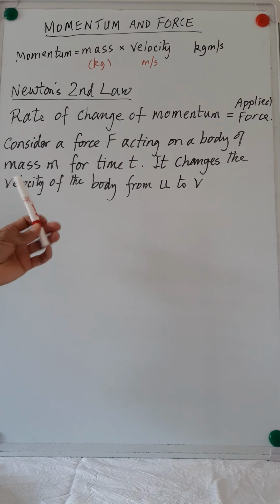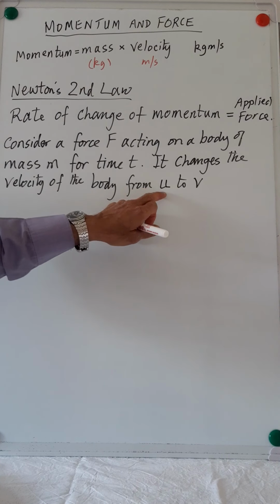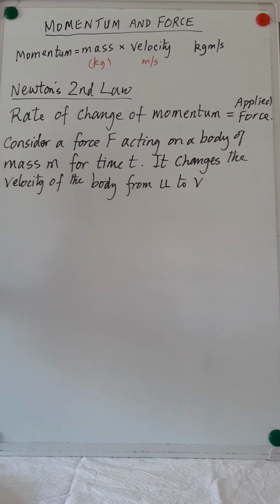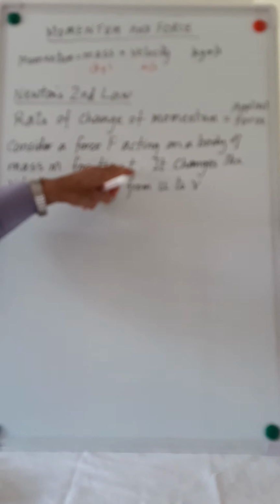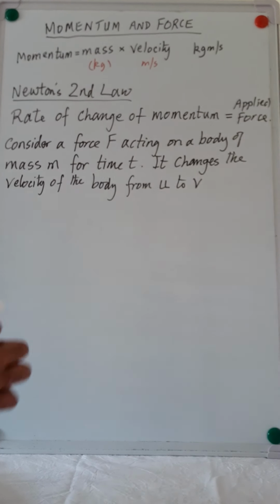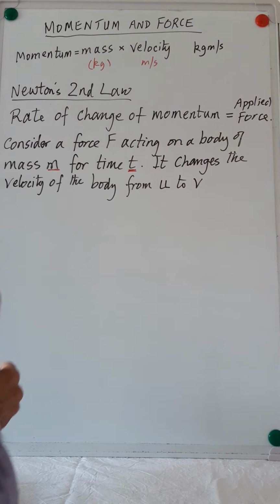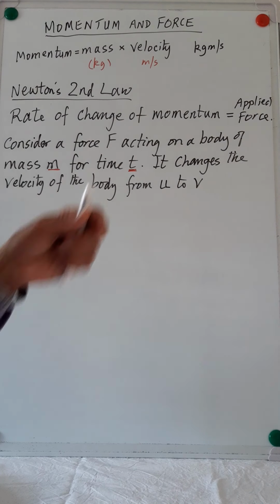Okay, a body was moving at a speed u. A force F acts on it for a certain time t and changes the velocity of the body from u to v.